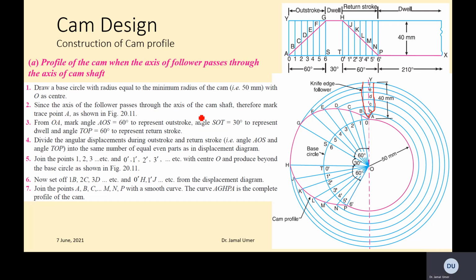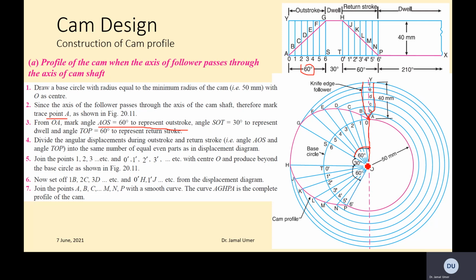So the axis of follower passes through the axis of camshaft, therefore mark trace point A as shown. This is the trace point, the starting point. Now from OA, so this is the line OA, mark angle AOS 60 degrees to represent outstroke, because this was the outstroke, right?